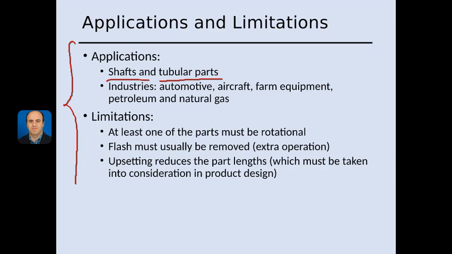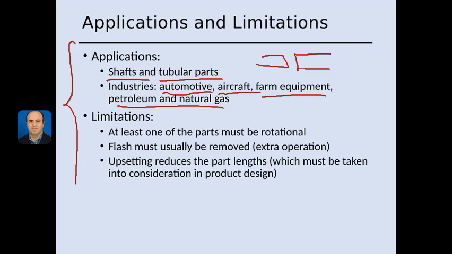For example, you can connect two rectangular shapes together, and it is called linear friction welding. This process can be used for automotive, aircraft, farm equipment, where you have dissimilar connections.